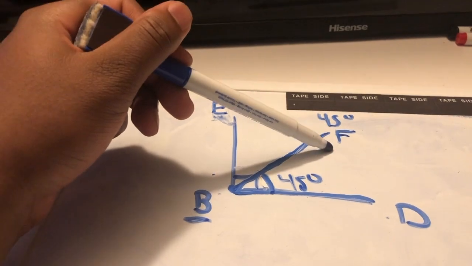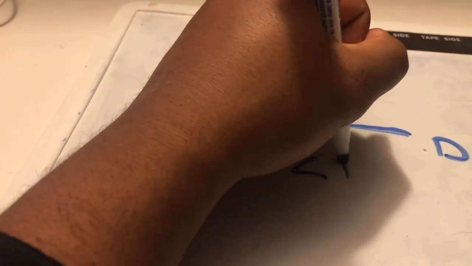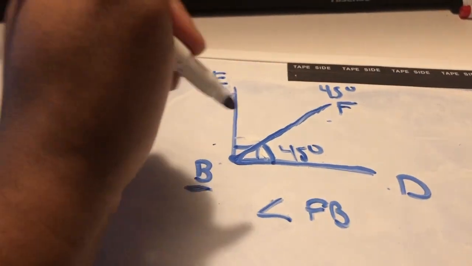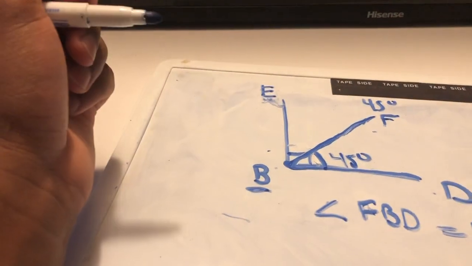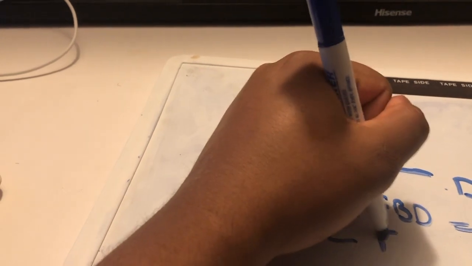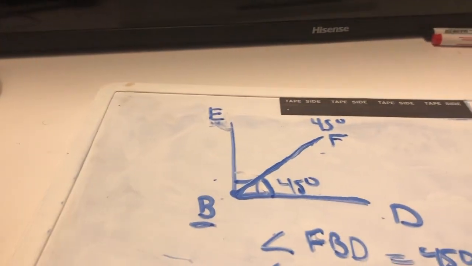Now we have FBD. So angle FBD equals 45 degrees, whereas angle EBD equaled a 90-degree angle. That's how we get it to half.